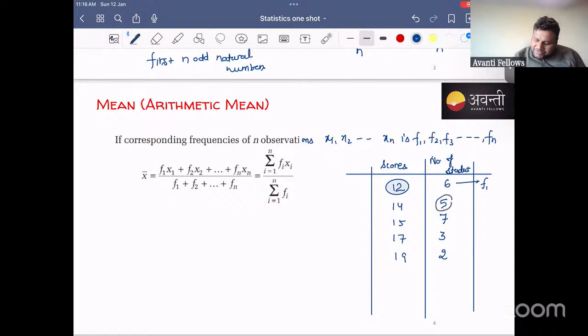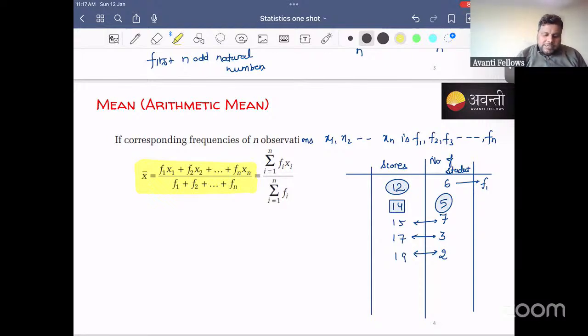Then there are 5 students who got the score 14, 7 students who got the score 15, 3 students who got the score 17, and 2 students who got the score 19. So this is what we call the frequencies of the scores. So in that case, the mean is f1 x1 plus f2 x2 plus f3 x3 up to fn xn, divided by f1 plus f2 plus f3 up to fn.